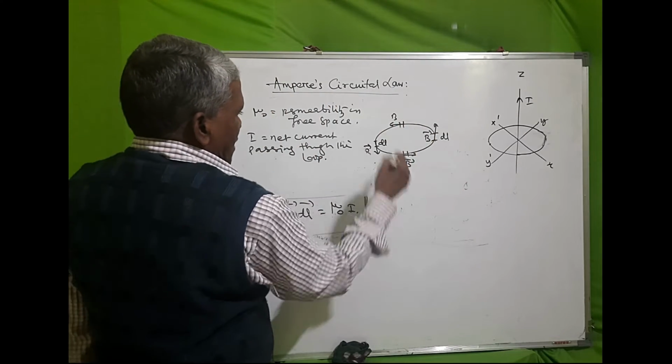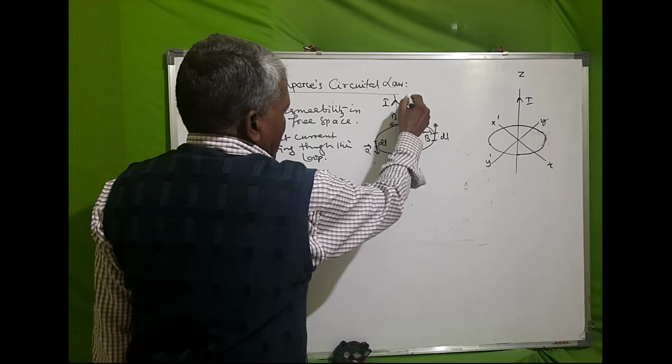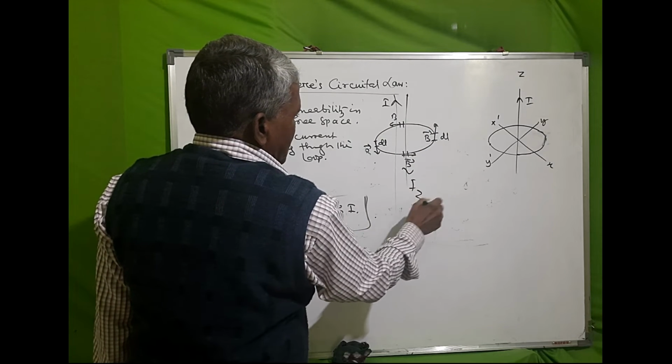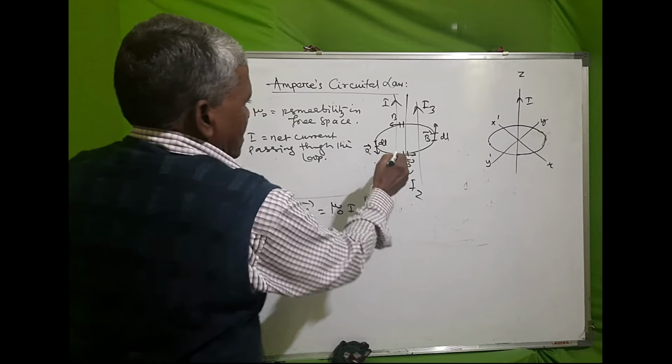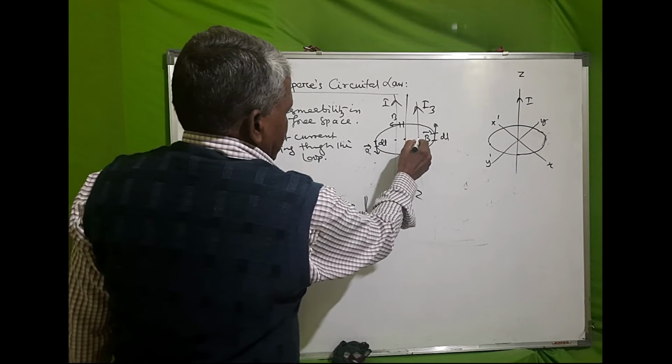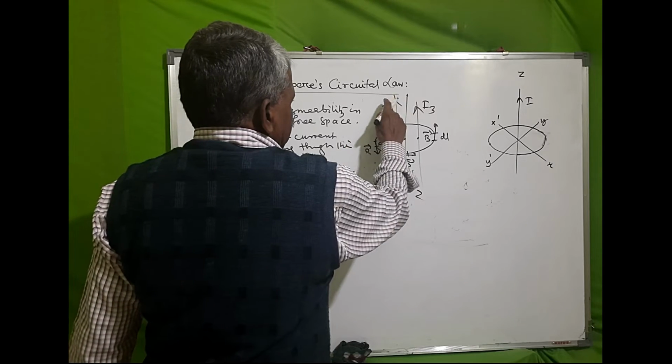Suppose this is a closed path. I1 is the current moving upward, I2 is the current moving downward, and I3 is again a current. Suppose these are the three conductors carrying currents I1, I2, I3.